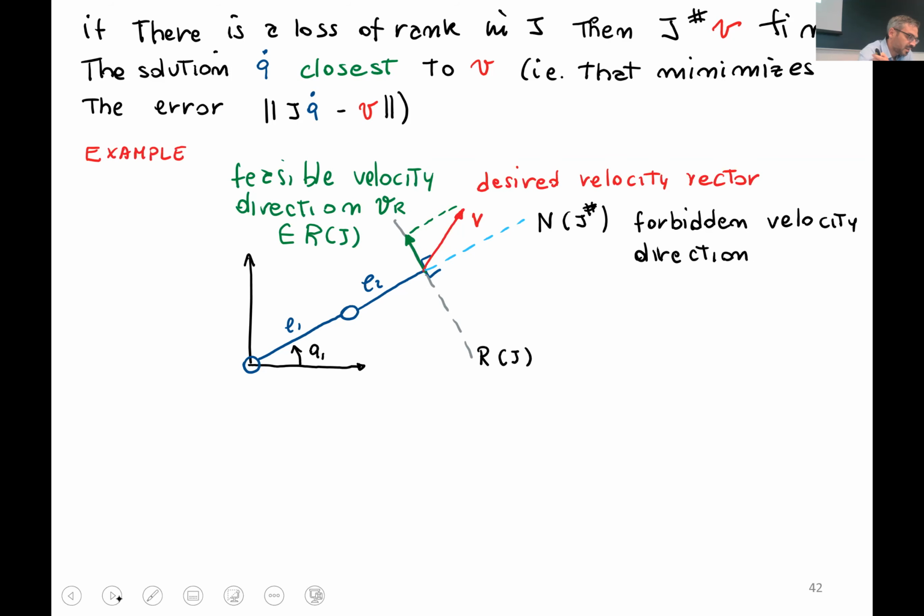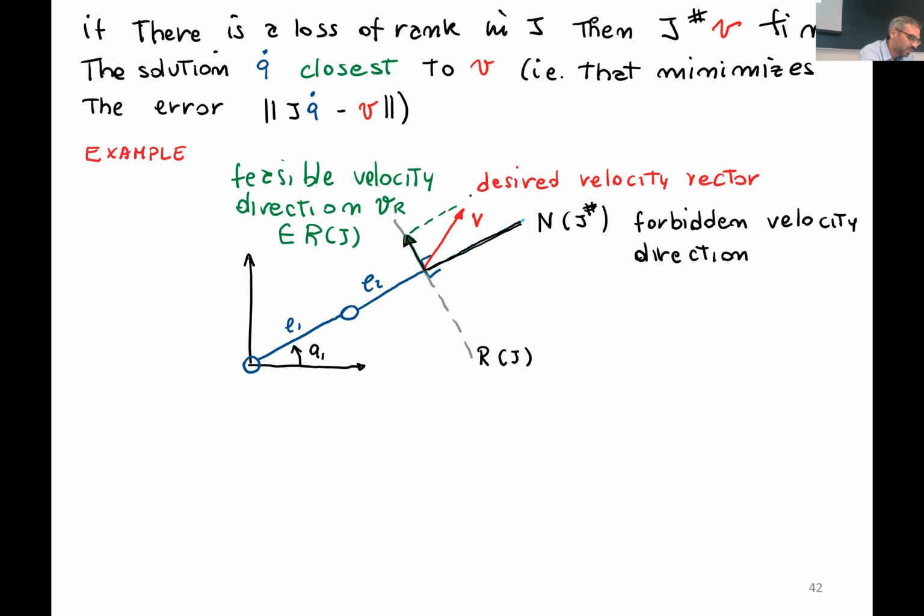So in this case, we can see that we have the range space that presents a feasible velocity direction and the null space of J pseudo inverse that represents the non-feasible direction.